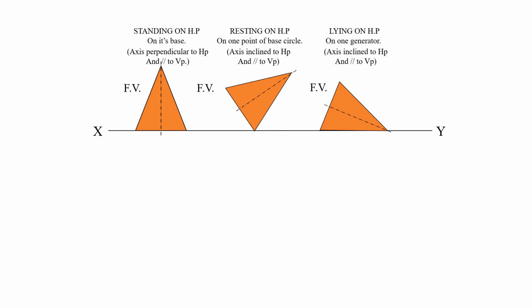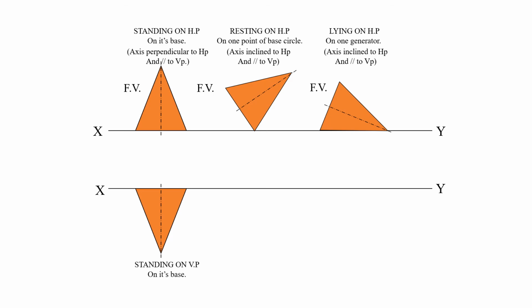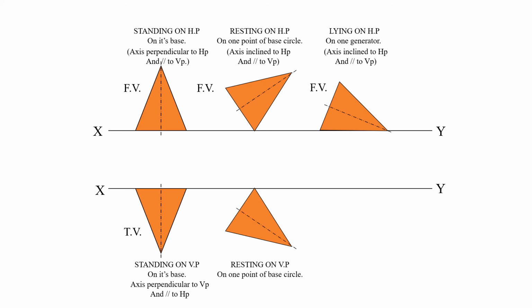When the cone is resting on the vertical plane, we get this triangle in the top view. Cone resting on the vertical plane on its base, axis perpendicular to VP and parallel to HP. This is the top view. Cone resting on the vertical plane on its base circle, axis inclined to the vertical plane and parallel to the horizontal plane.